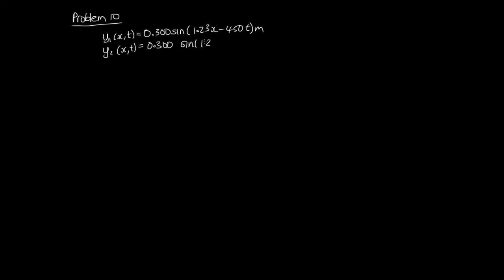This is problem 10. For this problem, we're given two waves. We've got y1 of x,t is equal to 0.300 sine of 1.23x minus 450t meters, and y2 is equal to 0.300 sine of 1.23x plus 450t meters.